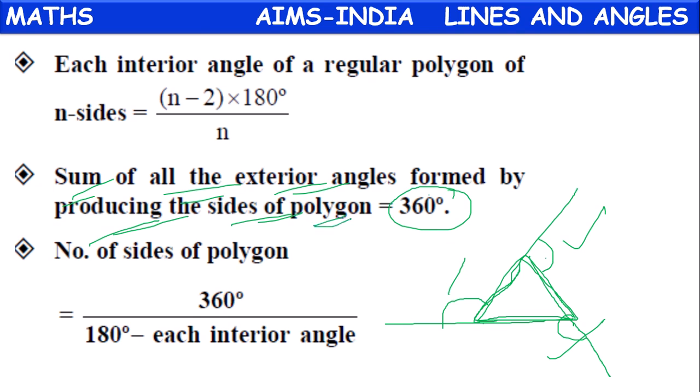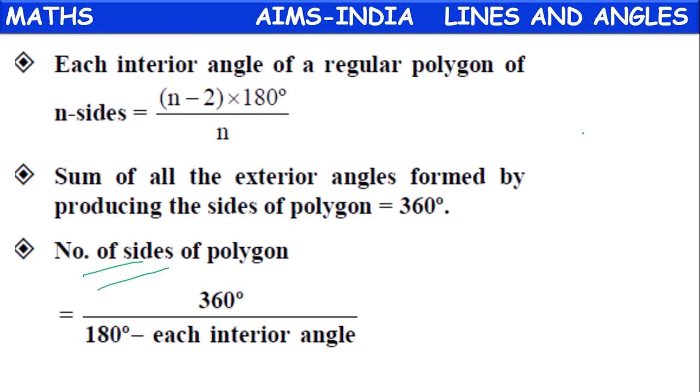So for any polygon, the exterior angle sum is always 360. The interior angle sum may be different: for triangle 180, for rectangle 360, for pentagon 540. But the exterior angle sum is always 360 degrees.